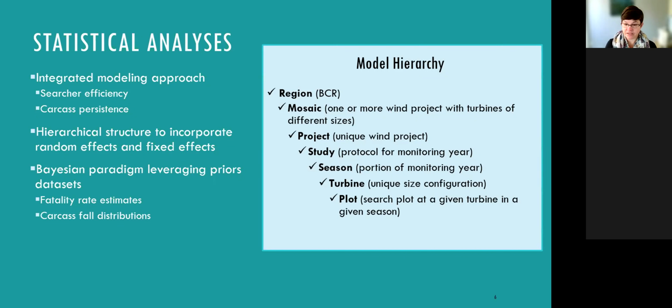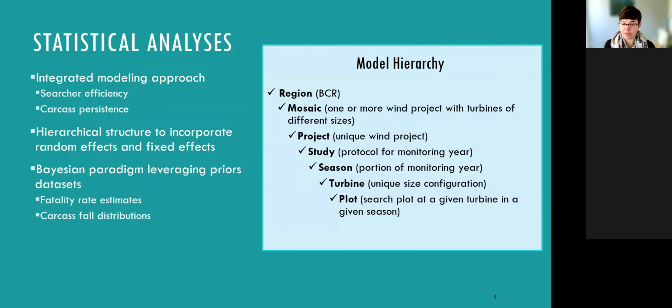And we did this Bayesian paradigm, and that was necessary in order to deal with the confounding of turbine size parameters affecting both the fatalities that we're detecting as well as the fatality rate itself. And that's how we generate the fatality rate estimates and the carcass fall distributions from our Priors.